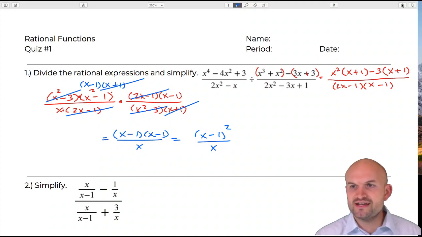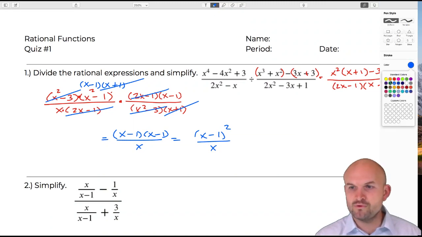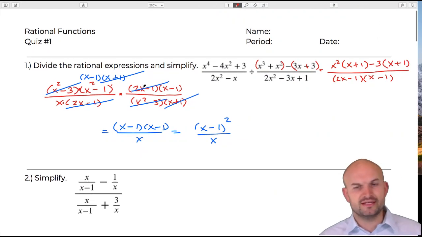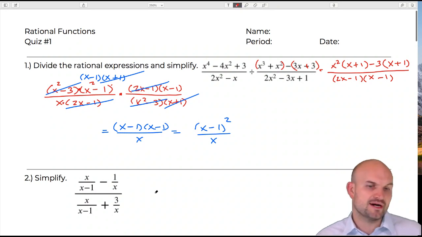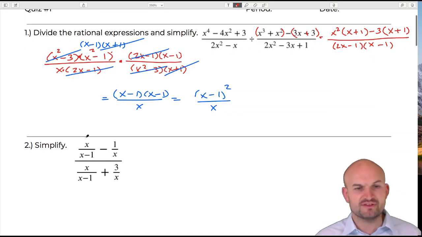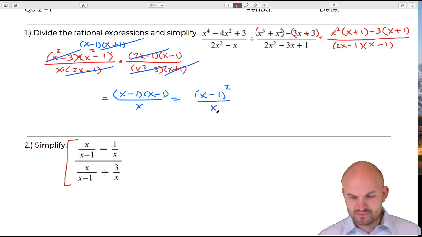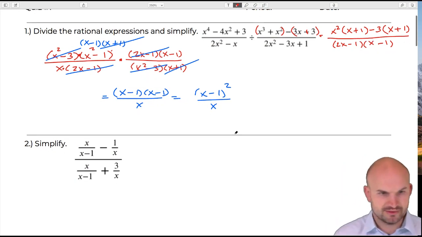All right, let's go ahead and move on to the next one, which is a complex fraction. So when we worked on complex fractions, I taught them a little bit differently than the operations, because rather than applying the operations in the numerator and the denominator, I told students, let's just get rid of the fractions. So the easiest and best way to get rid of the fractions is to multiply by the LCD. Actually, I'm going to show my work on this one a little bit more.